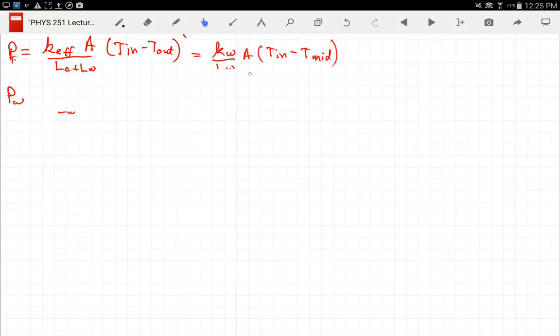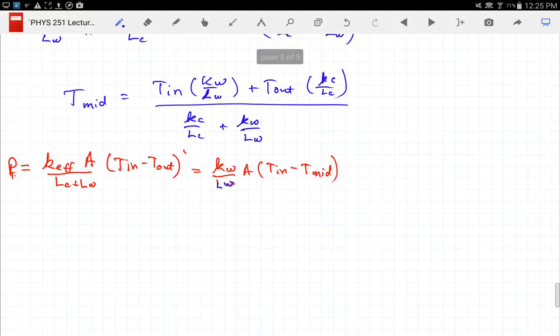It's close. I missed something. Okay, so I set these equal to each other, and now I'm just going to substitute the T mid in there.